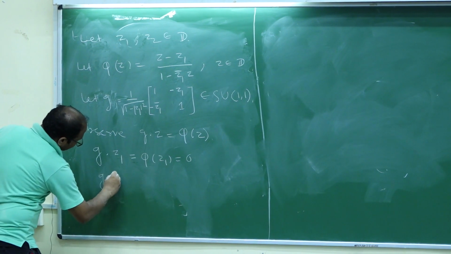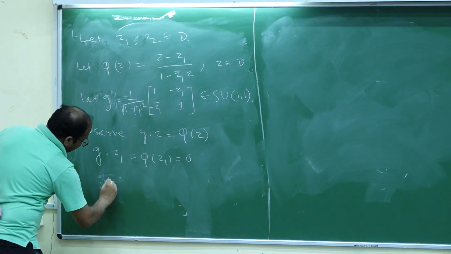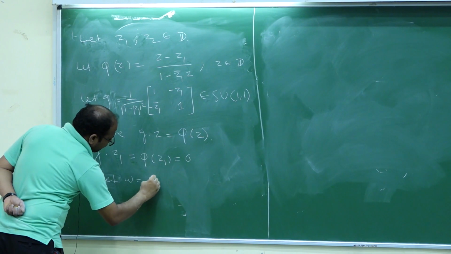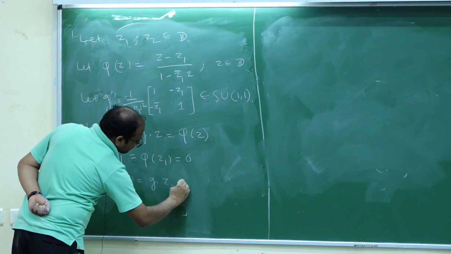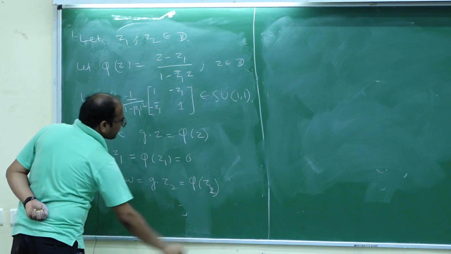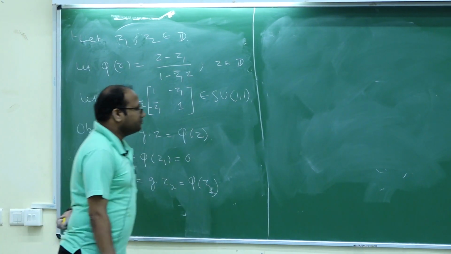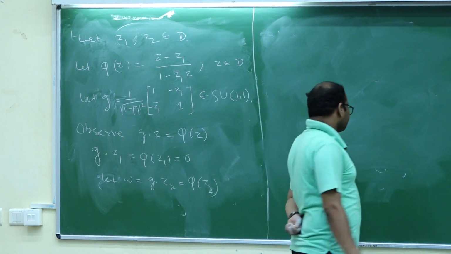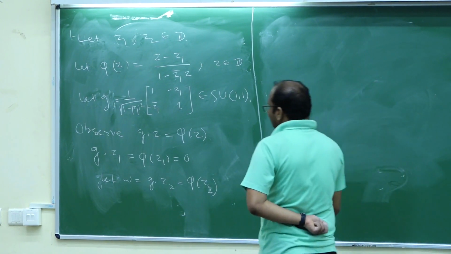And let W equal G dot Z2, which is phi of Z2.